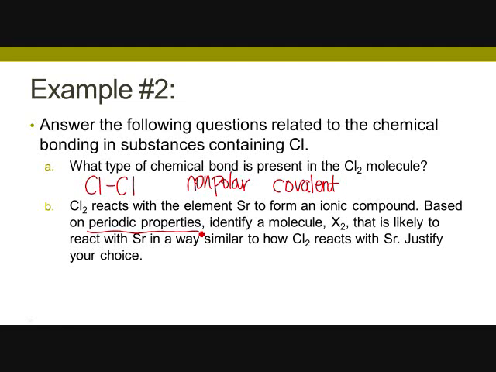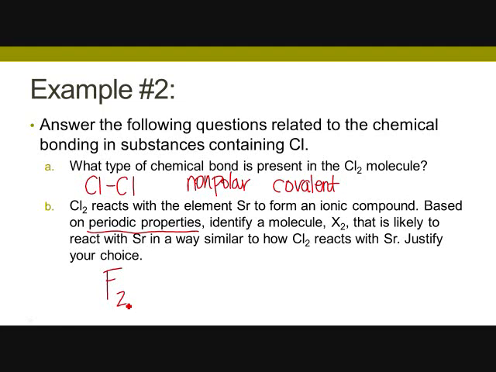Chlorine, when it interacts with strontium, has a -1 charge. So you're going to want to look in the same column, the same family, to pick this molecule. The best one, I would say, would be the F2 molecule, the fluorine molecule.